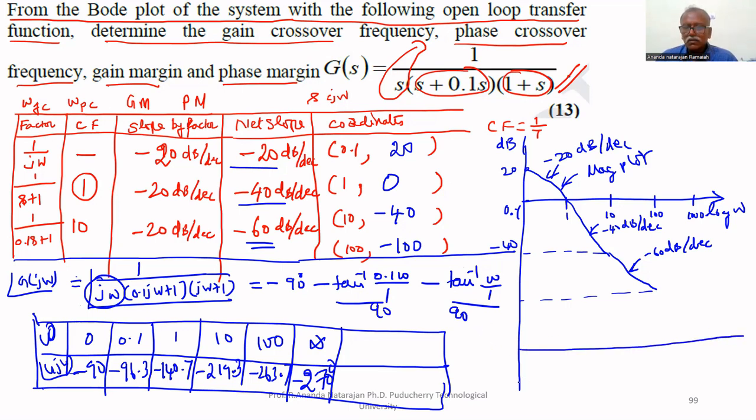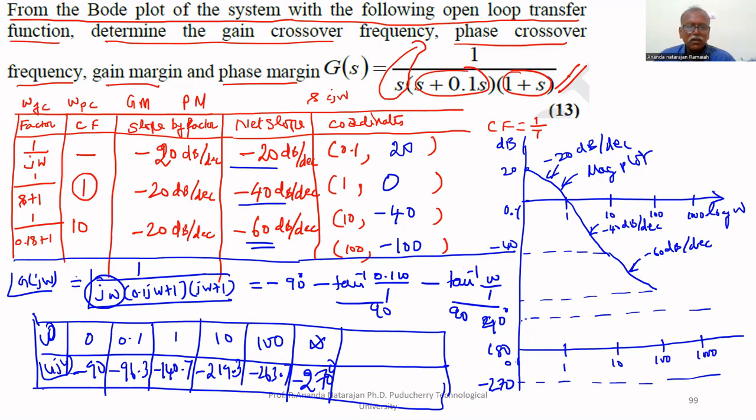This is minus 270, this is minus 180, this is minus 90 degree. Starting at 0.1, then 1, 10, 100, 1000.